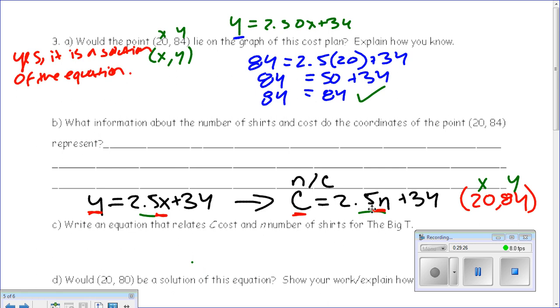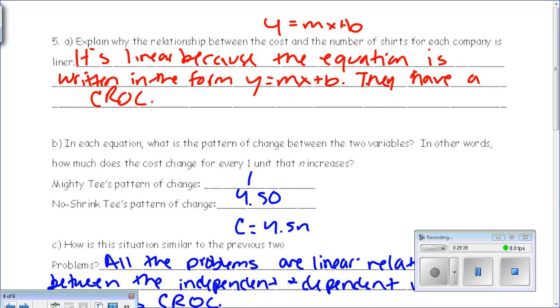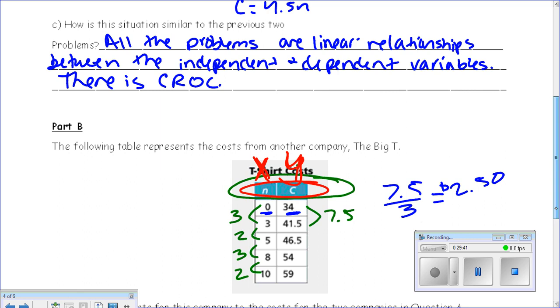So in this question, if they were to say 20, what do those represent? Well, our 20 represents our X. And if we go back, let me move back a page. What does our X represent? X represents our N, which is a variable for what? Number of shirts, exactly.